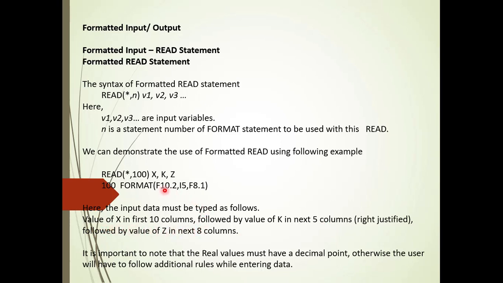Because you are given 10, 5 and 8 here, they are the spacing allotted for X, K and Z. And if you want to have real values, in that case you have to put in the decimal point. This is the real format, while I is the integer format.